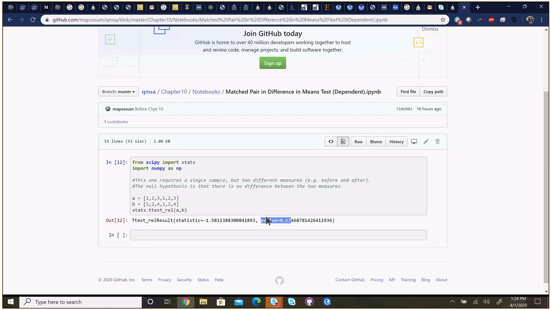So in this case, we can see really quick whether or not 0.05 is greater than 0.17, and it is, right?